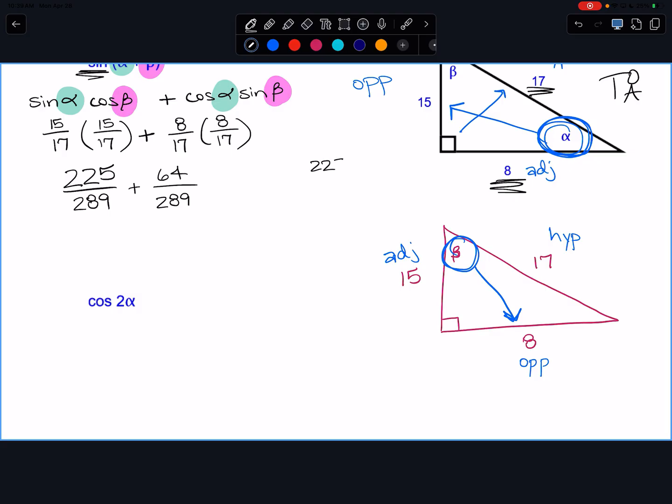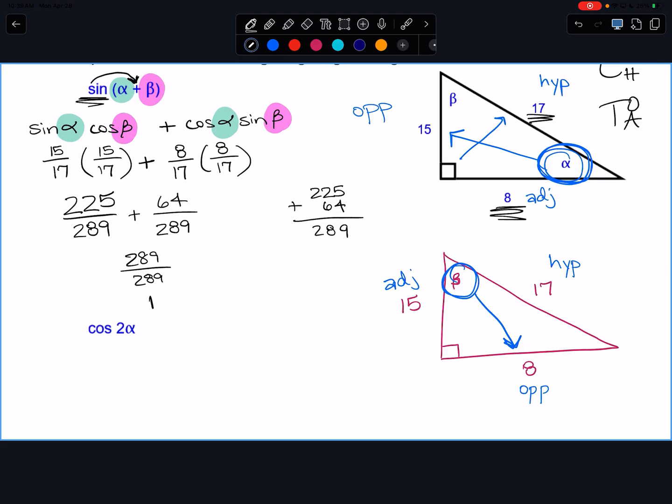So I can do a little scratch work right here. 5 plus 4 is 9. 2 plus 6 is 8. 289. So I get 289 divided by 289, which is 1. So that whole thing became a 1. Pretty cool, yeah?